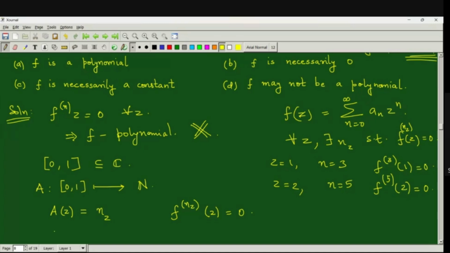Means there will always exist an n naught in N. N naught doesn't mean n0, okay, I will write n prime in N such that A inverse of n prime is at least countable. This you understood?